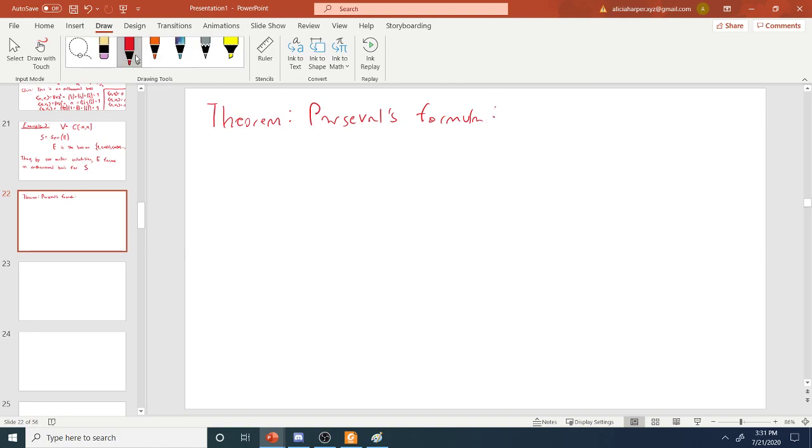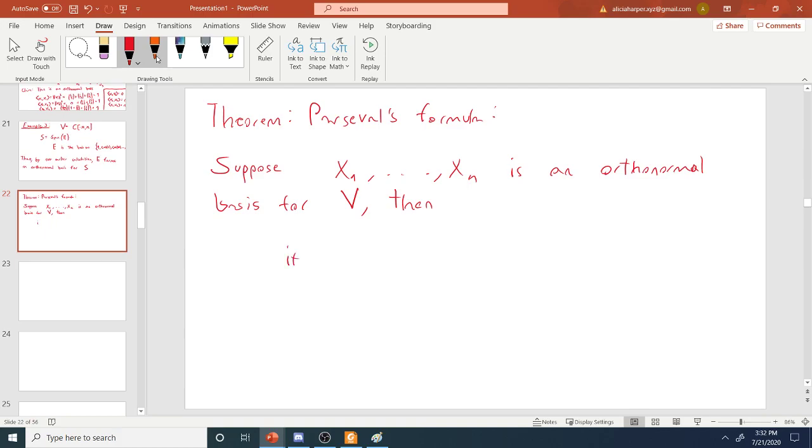Suppose x1 through xn is an orthonormal basis for V, then if U is equal to C1 times x1 plus C2 times x2 plus and so on, plus Cn times xn, then the inner product of U with itself is going to be equal to C1 squared plus C2 squared plus and so on, plus Cn squared.